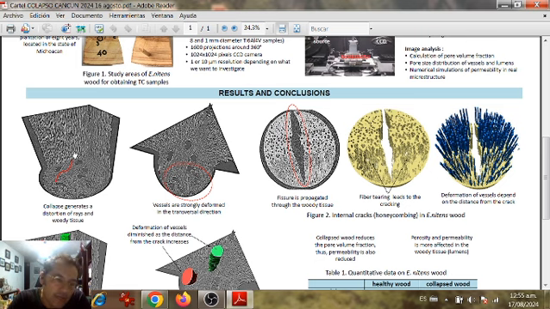We notice that the rays are also deformed, and they also deform the vessels that are placed far from the collapse crack. We also notice that some vessels are still in the original shape.